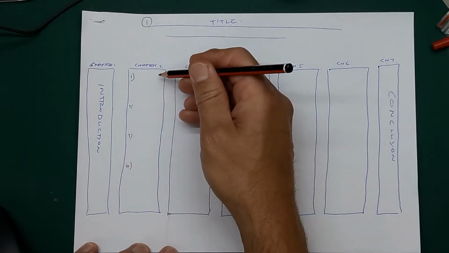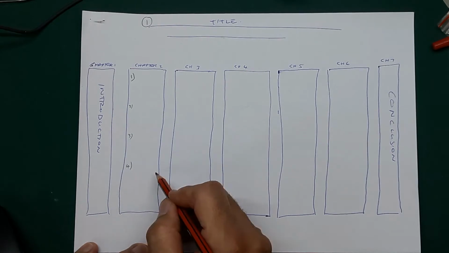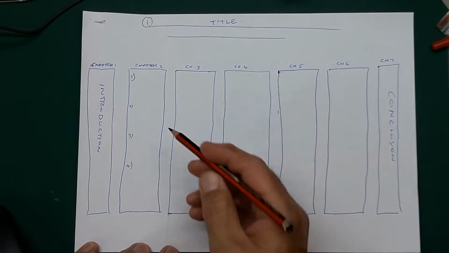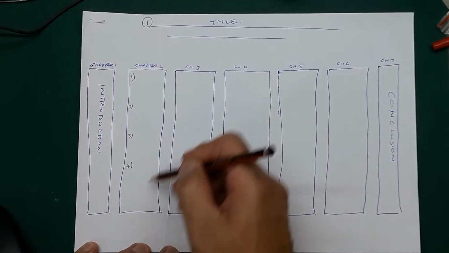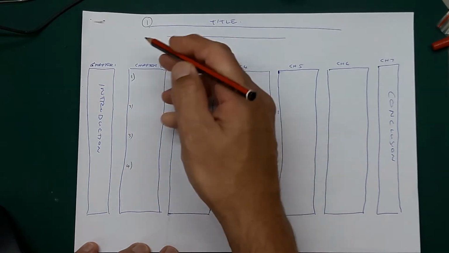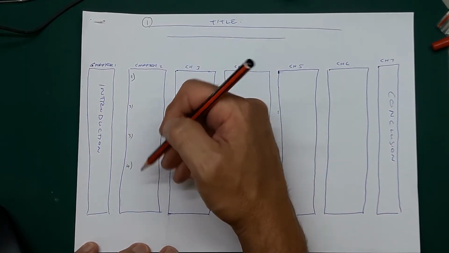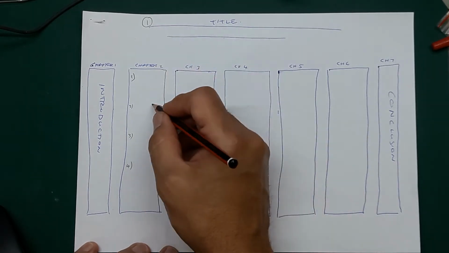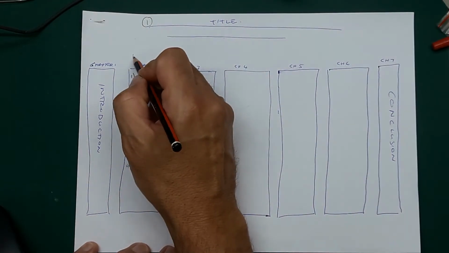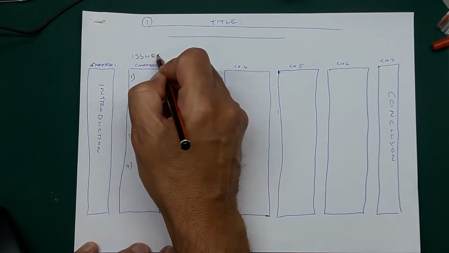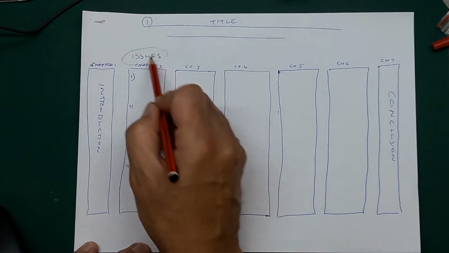You may have less than 4, but you may not have more than 4. These will be the issues that you will be discussing. It will be in the format of a heading, but it will not necessarily be headings in the chapter. It will be the issues that you will be dealing with. I'm going to write it here. It will be the issues that you will be addressing in this particular chapter.